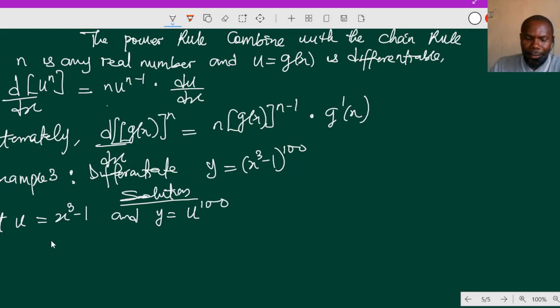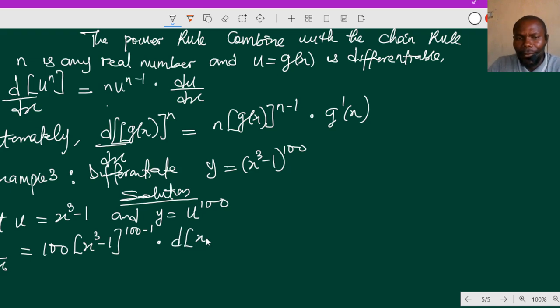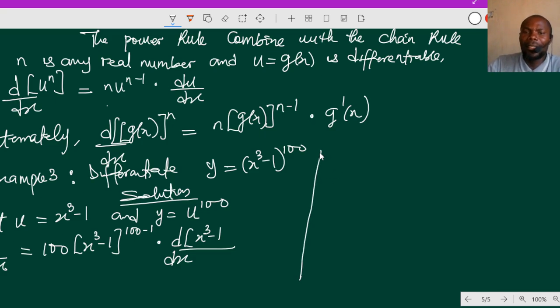You just say that 100 multiplies x cubed minus 1, you subtract 1 from 100, times the derivative of the inner one, which I have done earlier, with respect to x. This is how they want you to write it.